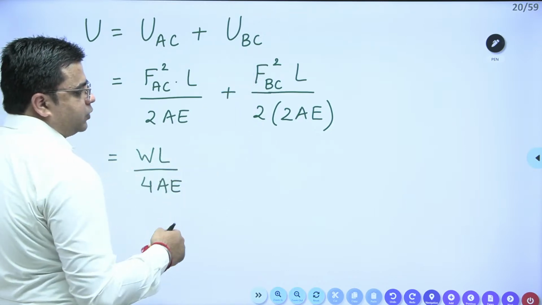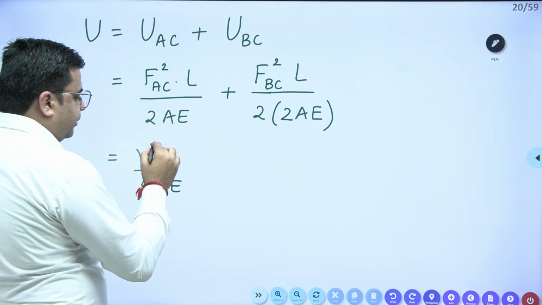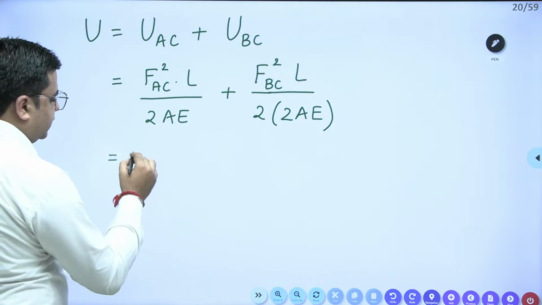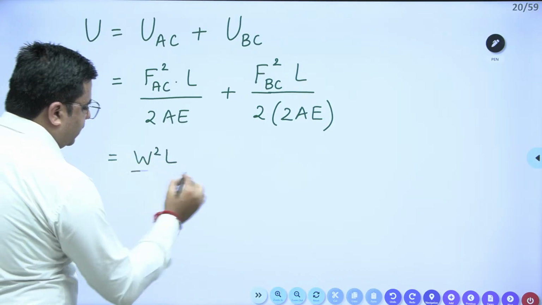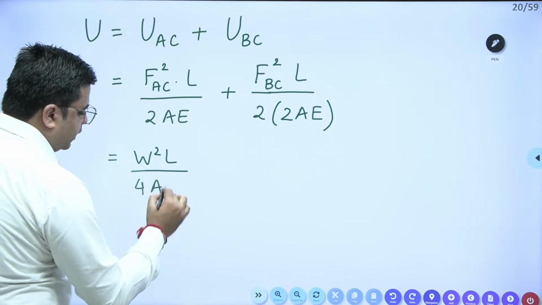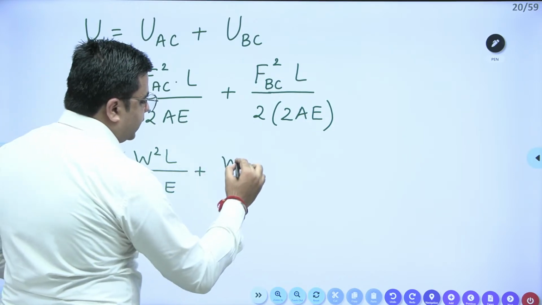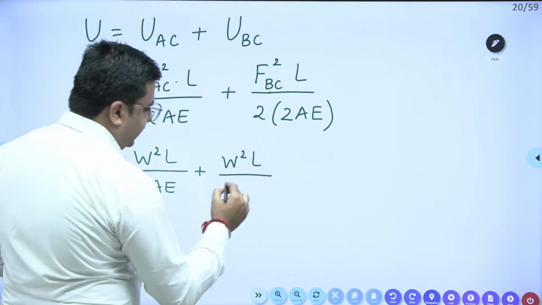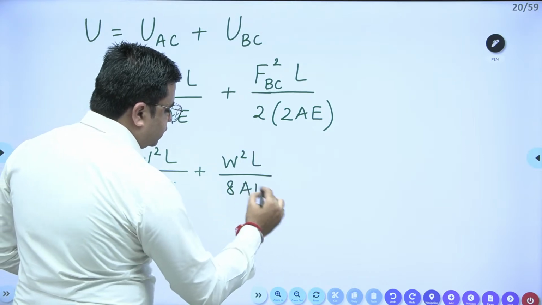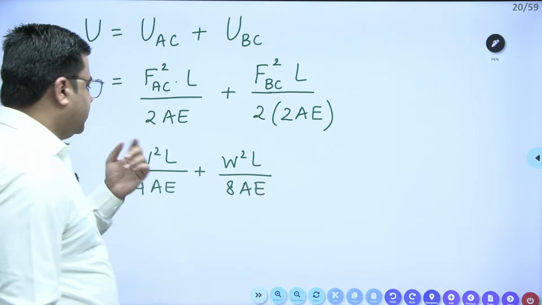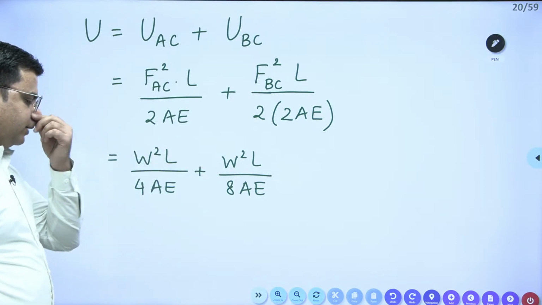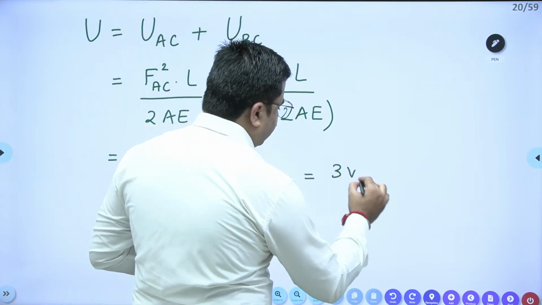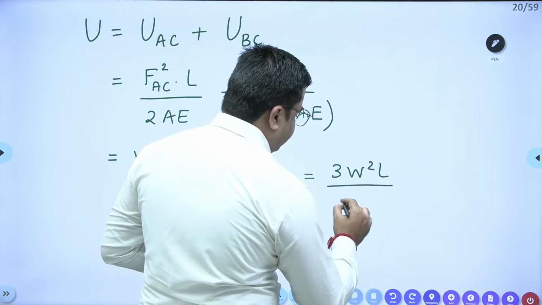Similarly, FBC square is W square by 2, so this is W square L upon 4AE, and here it will be W square L divided by 8AE. Just take the LCM and get me the final value. So W square L by 4AE plus W square L by 8AE might come out to be 3W square L by 8AE.